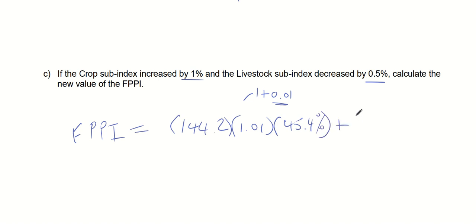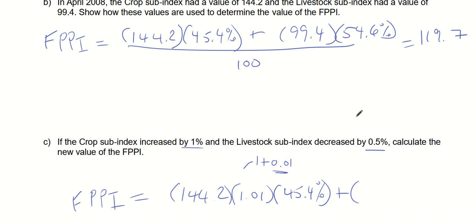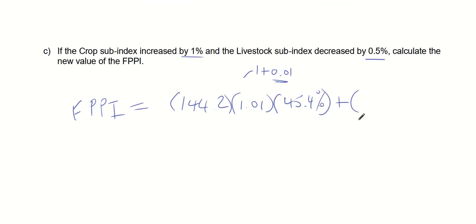And that's there. And you do the next one, which is 99.4. And it says here it decreases by that amount. Well, I want to find what the actual number is.